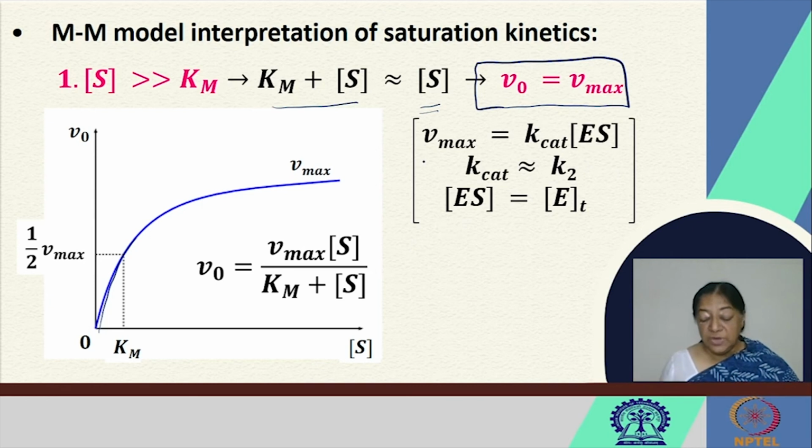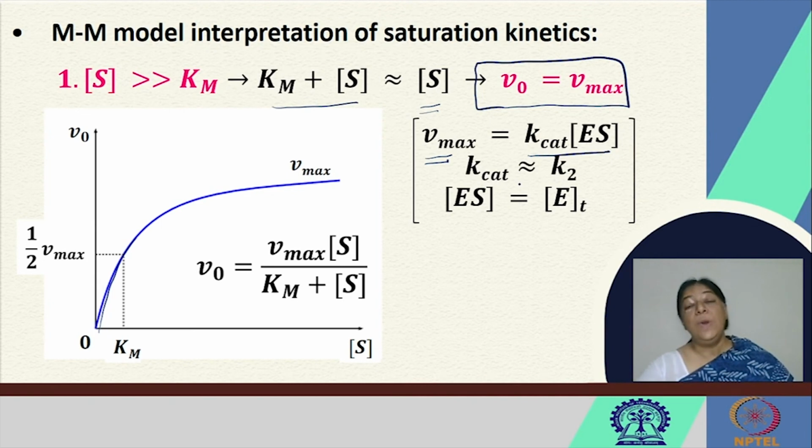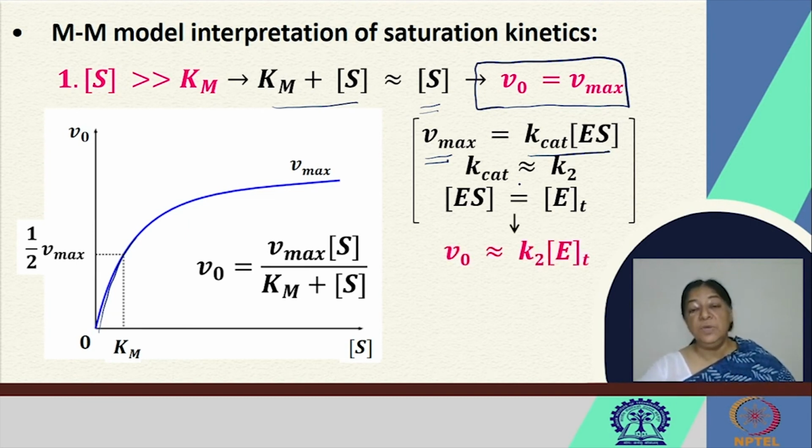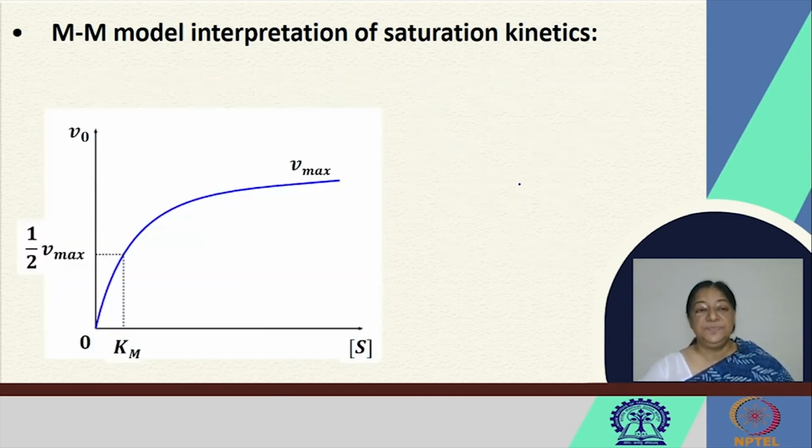So when we reach this Vmax possibility, we say that we have our Kcat times the ES complex, and Kcat is approximately equal to K2 when the enzyme substrate complex corresponds to the total enzyme concentration available. So we have our V0 equal to K2 times ET instead of ES.